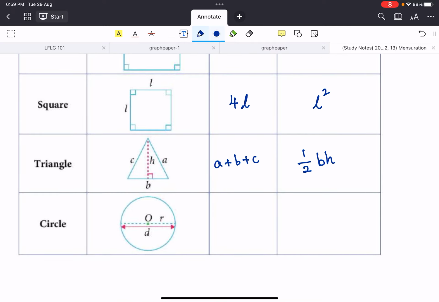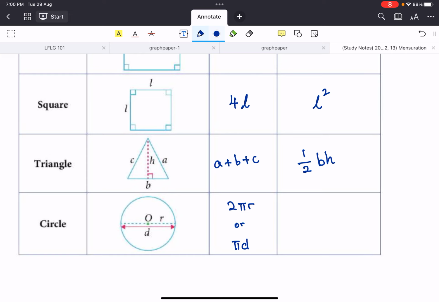And we have this circle. Now for the perimeter of a circle, they have a special name. It is called the circumference. So to find the circumference, if we are given the radius, it is 2 pi r. The radius is more commonplace. And if we are given the diameter, I know some students memorize the formula as pi d.